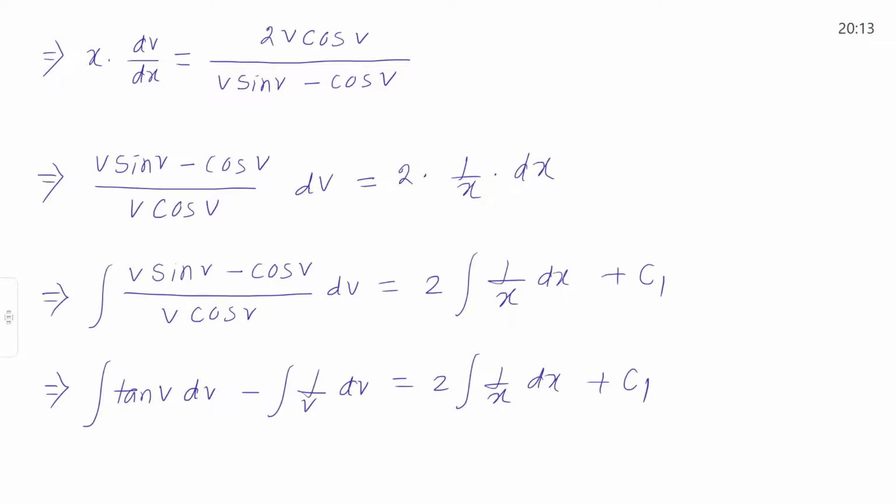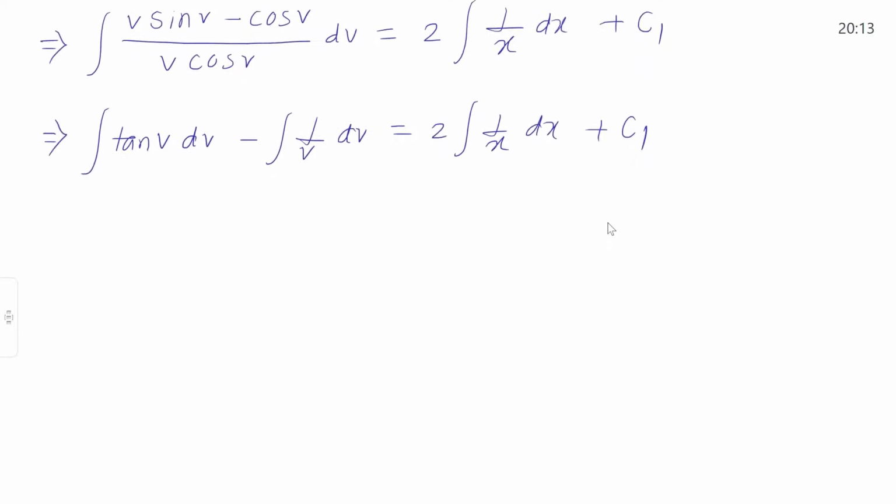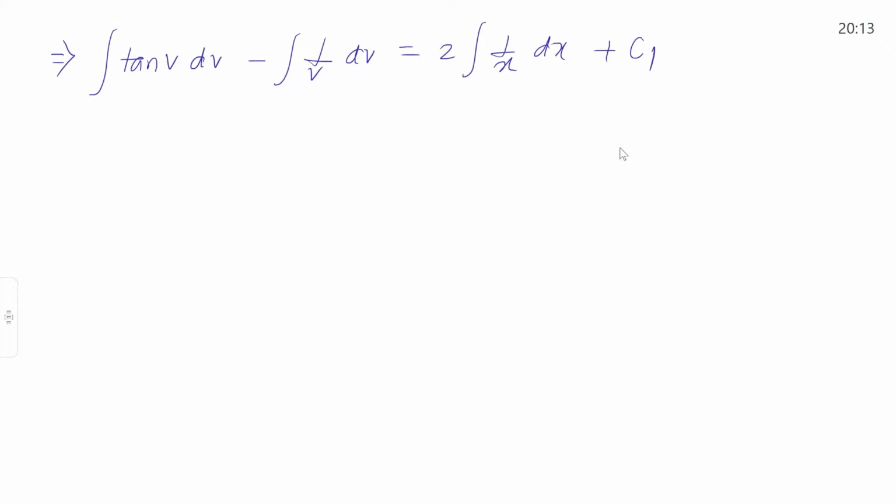Now to write the integrals only, very simple. So this implies, you see, integration of tan v is log of sec v, you already know this, minus log of v.